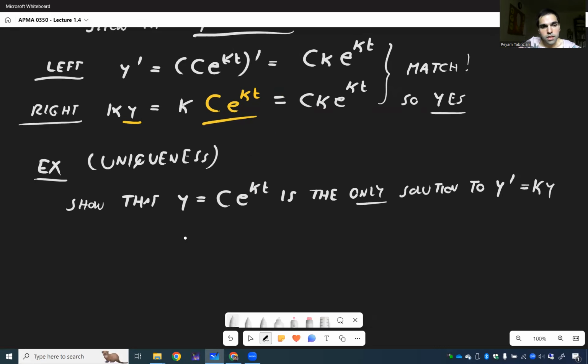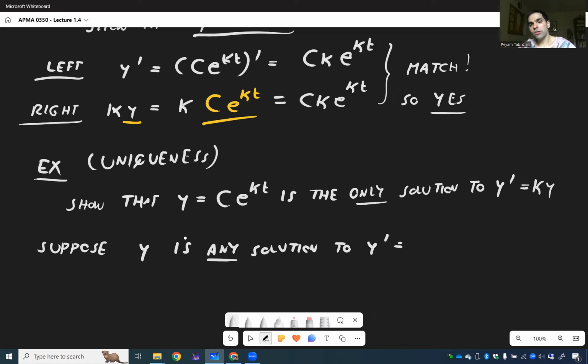And this is a little bit trickier, a little bit proofier, but I will motivate this at the end. So suppose y is any solution to y prime equals ky. In other words, suppose your friend finds a solution to y prime equals ky, and you need to show that y is in fact ce to the kt.